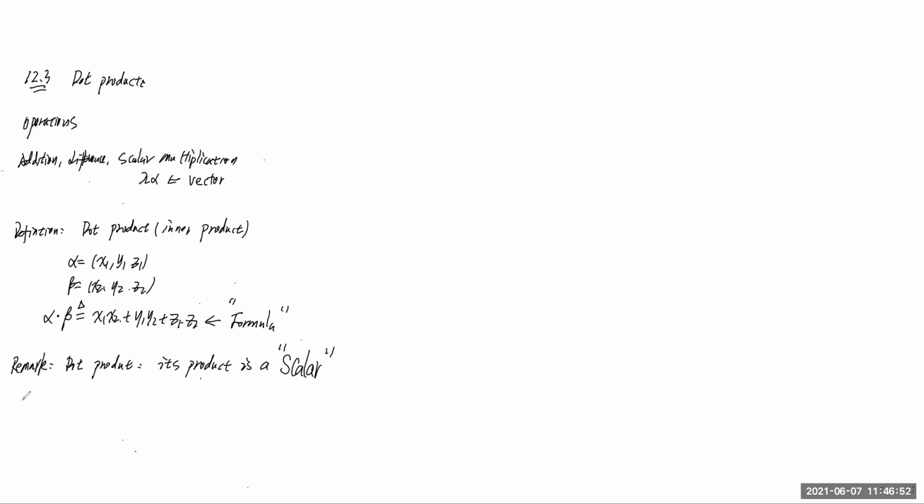Anyway, for this, we have the following properties. You have to know this. If we have an alpha, this is x, y, z, and the beta is x2, y2, z2. For this, we know alpha dot alpha is the length of alpha squared.